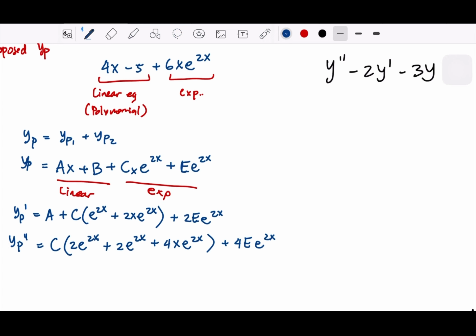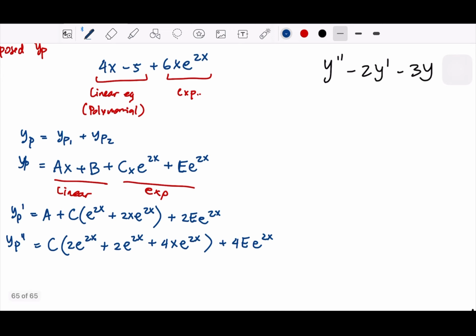So y double prime, I think we write carefully, plus 2c. Oh, I think we can write 4. We can just combine these two. Combine become 4e to x, right?